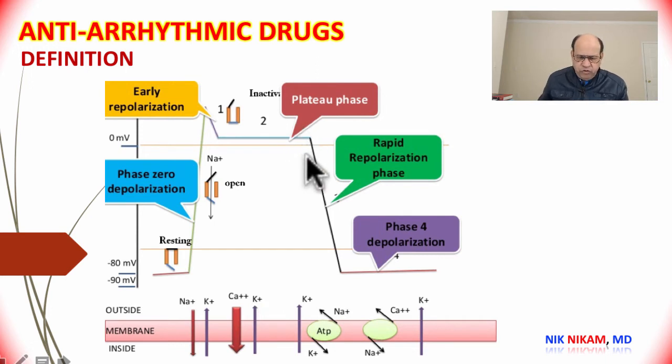Phase 3, which is the repolarization phase, is brought about by movement of potassium through the sodium potassium ATPase pump. Then finally, we have phase 4, which is brought about by calcium, sodium and potassium exchanges across the myocardial cells.